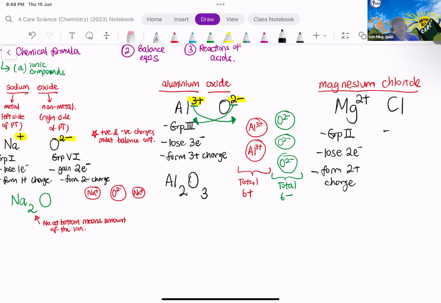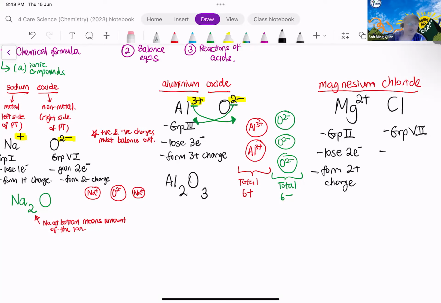All right. Chlorine, group 7. So chlorine is a halogen because it's found in group number 7. Group 7, they are called halogens. They are all non-metals. So group 7 has 7 valence electrons. So chlorine has 7 electrons in the outermost electron shell. If it has 7 valence electrons, would it lose 7 electrons or will it gain 1 electron?